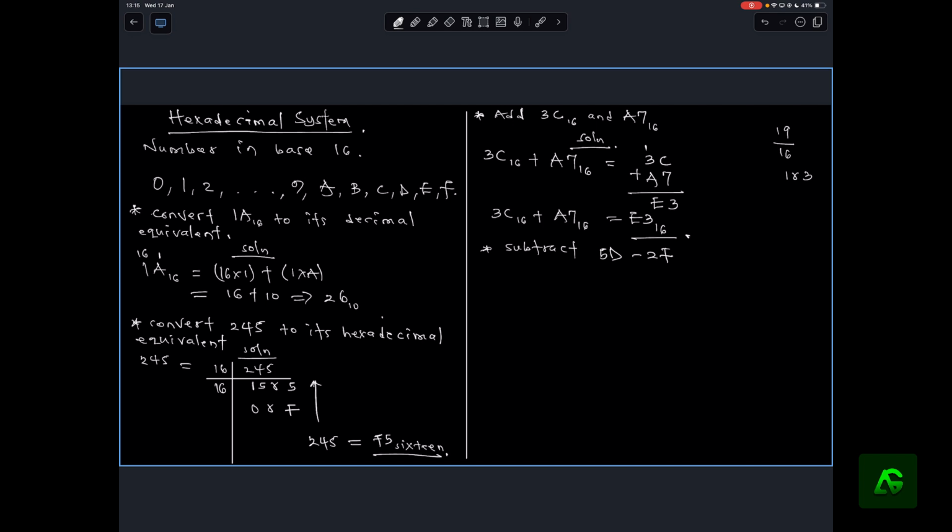Though we are playing around with 2-digit numbers, you can extend beyond 2 digits. So have that in mind, please. So we have 5D minus 2F.